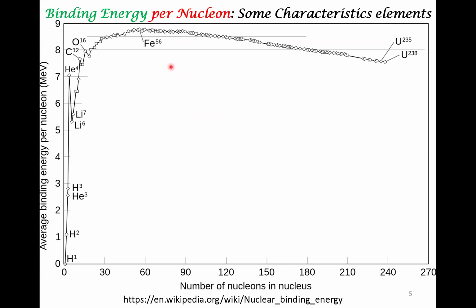The average binding energy per nucleon is highest for iron-56 in the sense that this is the nucleus which is most stable. Here, these are all not very stable. The stability keeps increasing because the binding energy per nucleon increases, and there is a flat region wherein many elements have approximately similar binding energy per nucleon, and then it decreases gradually.